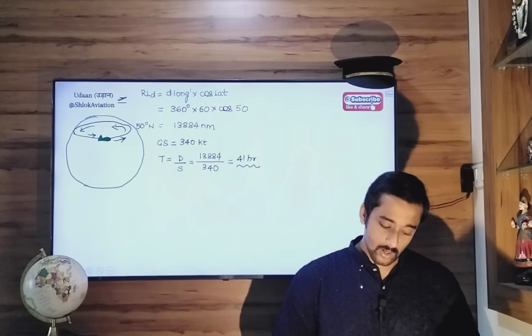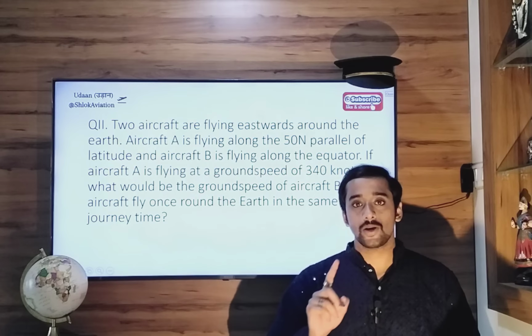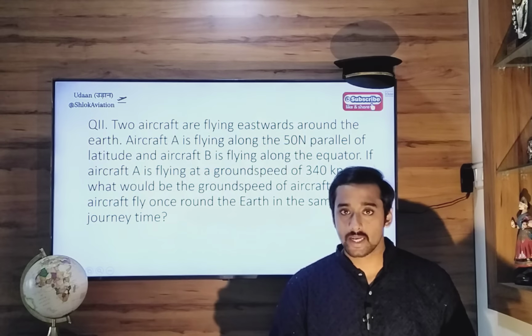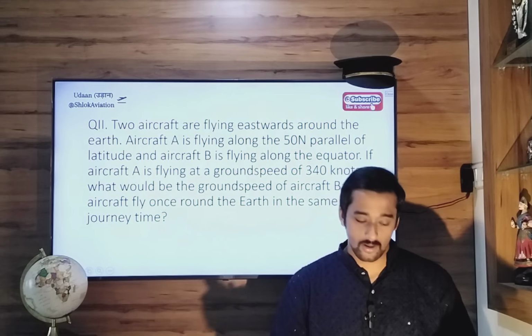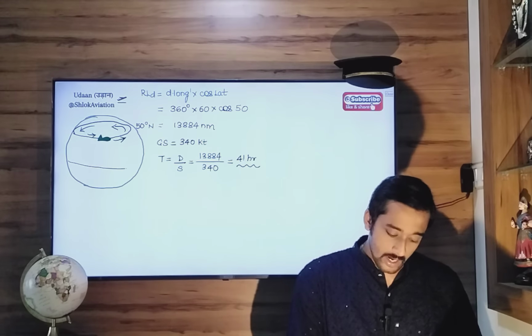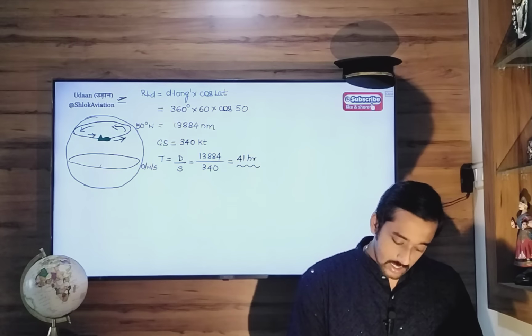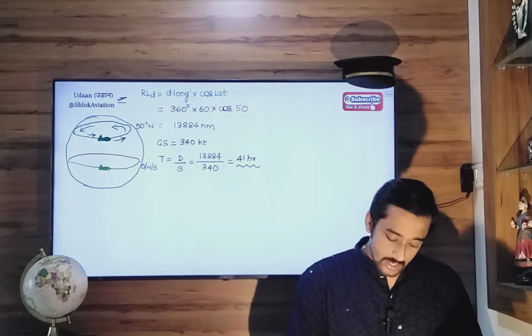Now in the second situation, there is another aircraft which is going to encircle the Earth around the equator, the equatorial latitude, 0° north-south latitude. Okay, so there is another aircraft which is going to encircle the Earth at this latitude, correct?